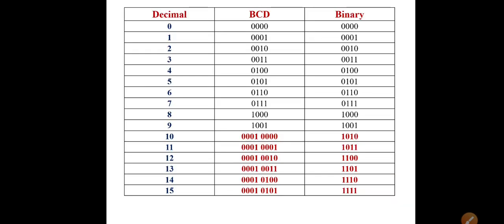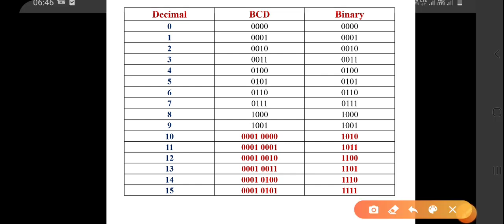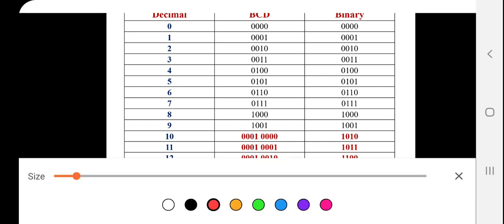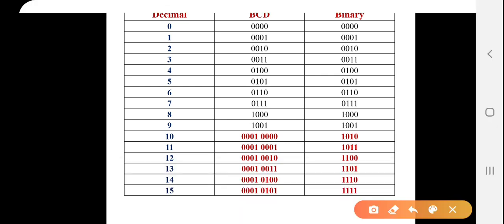Here is the table relating a given decimal number with its corresponding BCD number and also its corresponding binary number. As we can see, from 0 to 9, the BCD number starts from 0000 and reaches 1001. Similarly, for 0 to 9 decimal, the binary number starts from 0000 and reaches 1001.